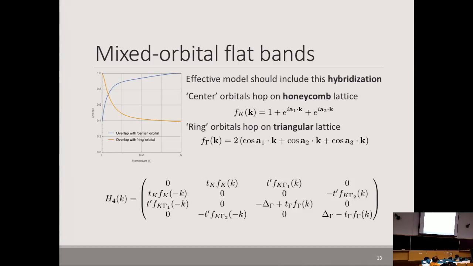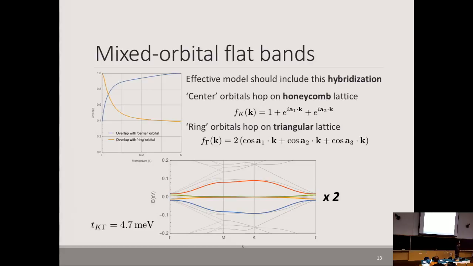So in this case, you would give a Hamiltonian to describe 4 bands. 2 of them are ring, 2 of them are center-like orbitals, and you would here have a type of hybridization function that hybridizes to get this exact overlap. So if we take this Hamiltonian, the important take-home message here is that we can fit it to the exact tight binding band structure, and we get these 4 bands, 2 ring, 2 center.